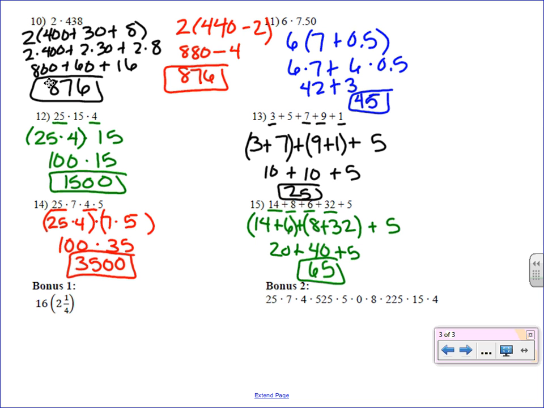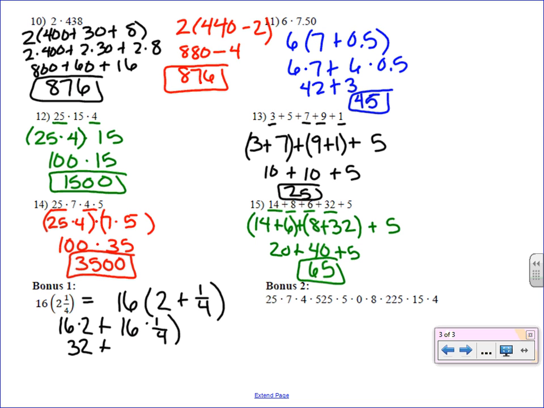The bonus problem, just like in number 11, when we broke up the number and the decimal, we'll break up the number and the fraction. So 16 and then 2 plus 1/4. So we have 16 times 2 plus 16 times 1/4. 16 times 2 is 32.